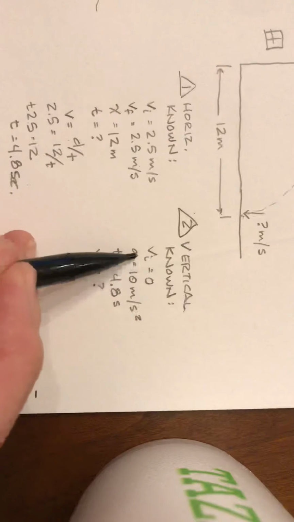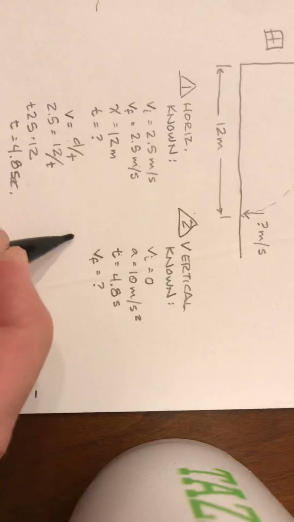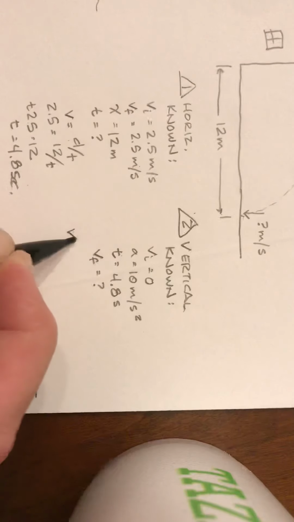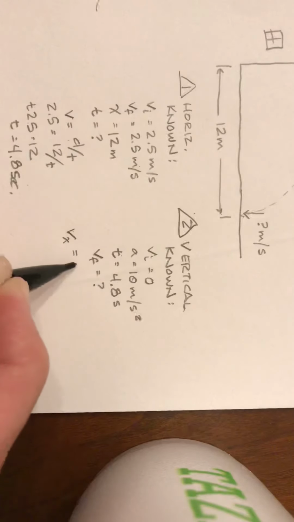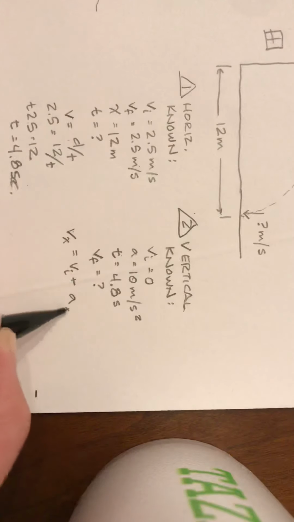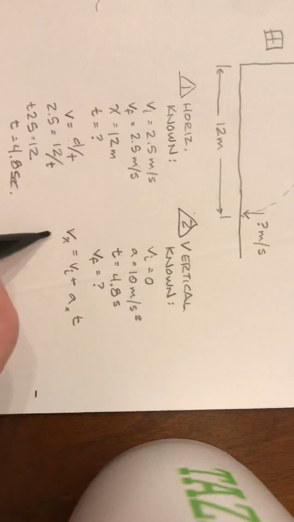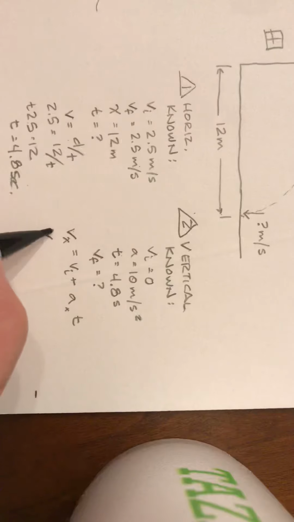So I'm going to look for an equation that has these elements in it. I'm going to choose this one. Velocity of the object equals velocity at time 0, I like to use velocity initial, plus acceleration times time. This doesn't need to be moved around algebraically because it's already set to solve for velocity.